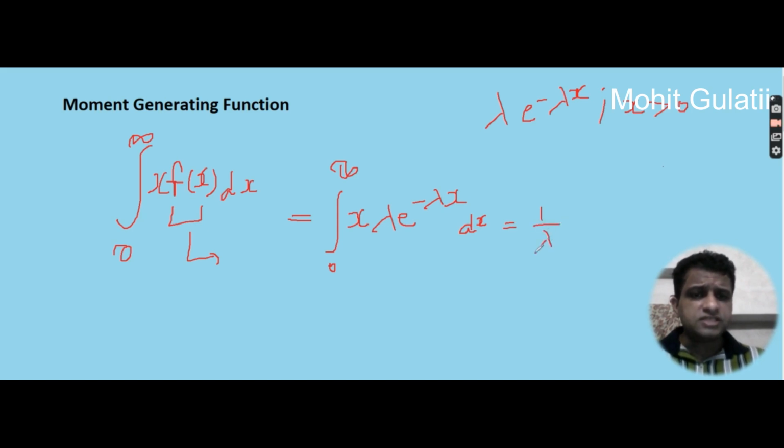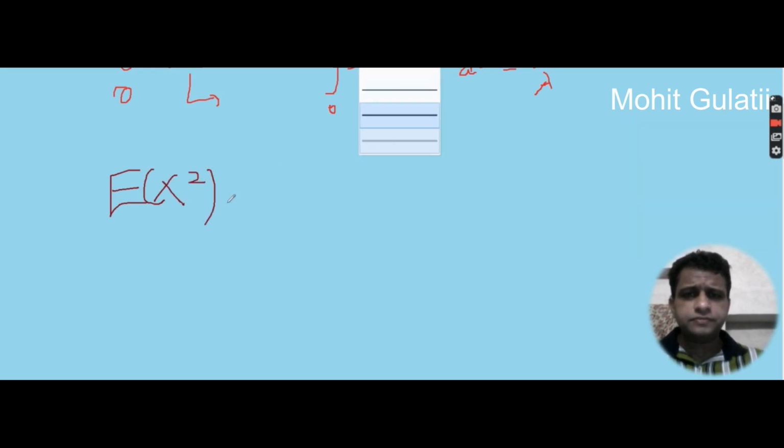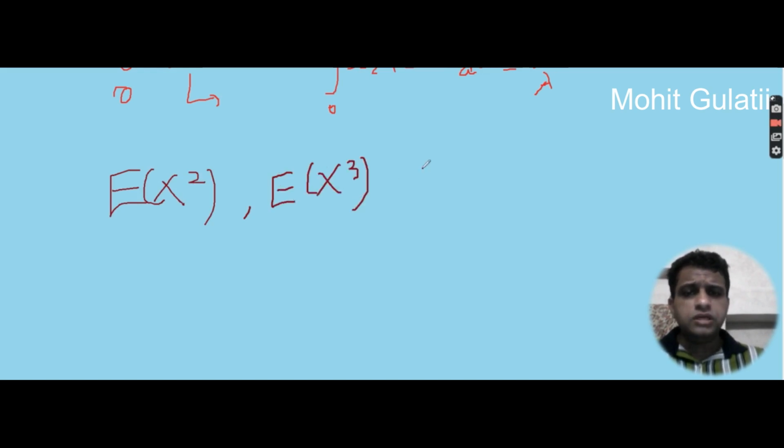So the question arises: when we have this technique, why do we need the moment generating function? Suppose I have to find E(X square), or E(X cube), or E(X raised to power 4).